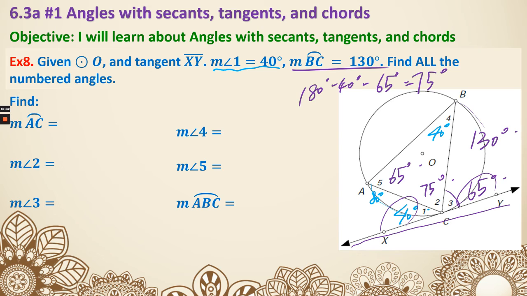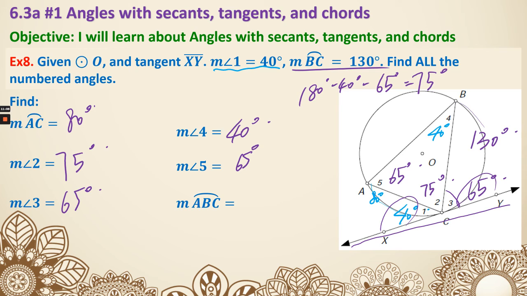Now let's put everything into their questions. Arc AC is 80 degrees. Angle 2 is 75 degrees. Angle 3 is 65 degrees. And angle 4 is going to be 40 degrees. Angle 5 is 65 degrees.